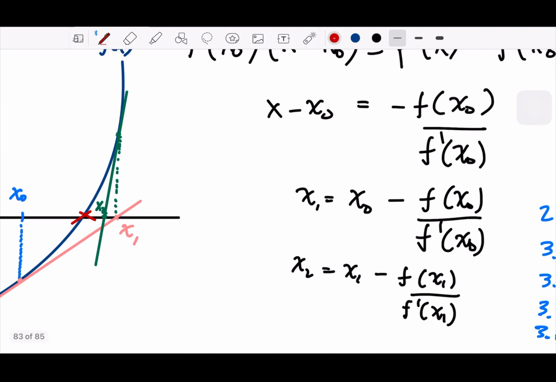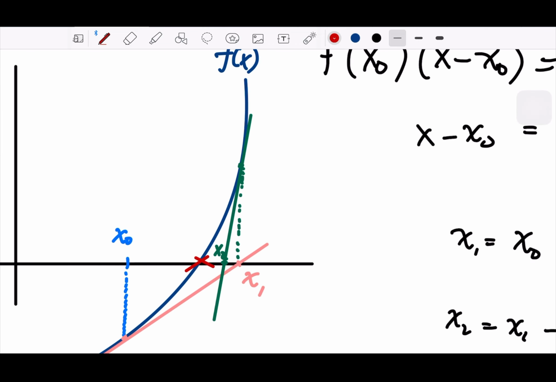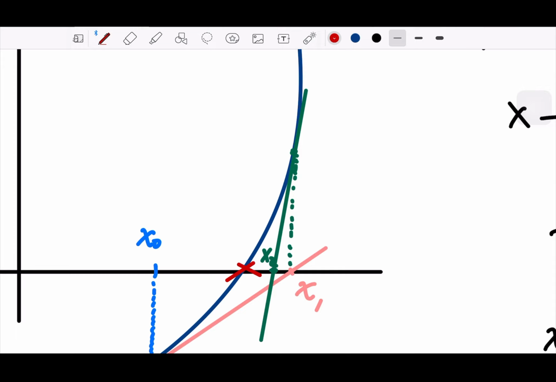And what it looks like in terms of the graph: this is x0. Take the tangent here, and this is your x1. Then take the tangent again, and this will be your x2. Take another, and this will be x3. You get closer and closer to the root.